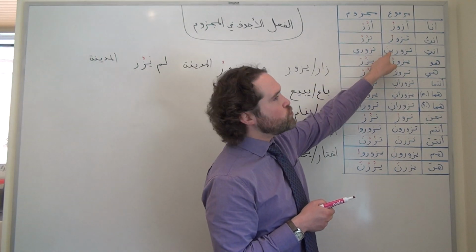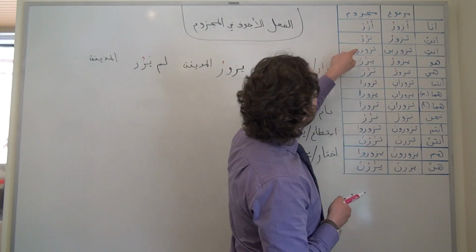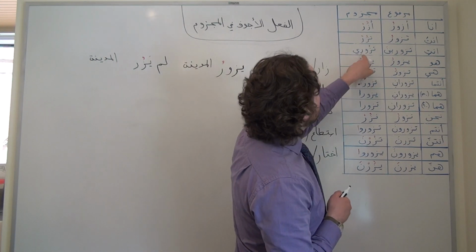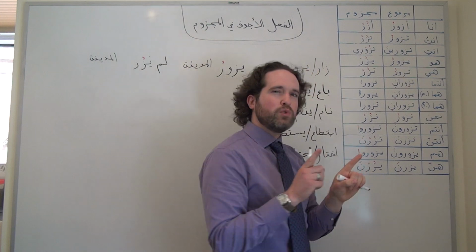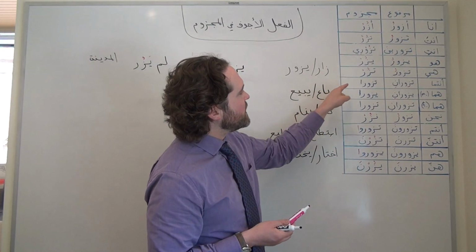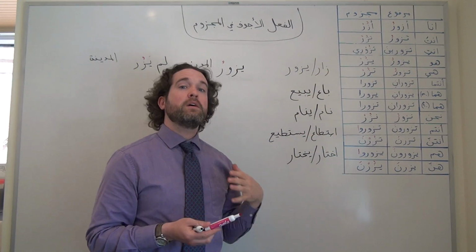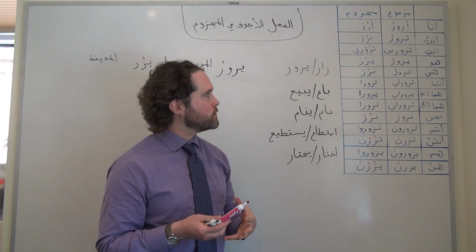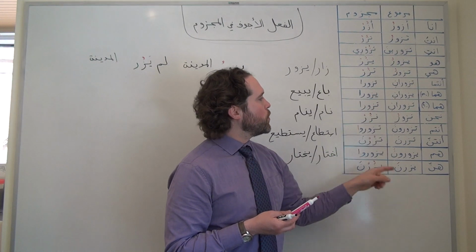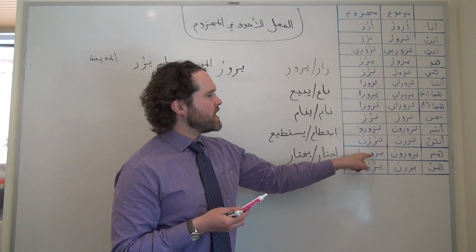So we've dropped that nun that we would have in marfu'a, but we retain the ya, and because we have the ra afterward with the vowel, tazuri, we don't have the problem of two sukoons back to back. And that's pretty much the case with every single conjugation that has a waw as part of the present tense conjugation for a particular subject, like enti or any of the duals, or entum or hum. We still have the waw in the middle.